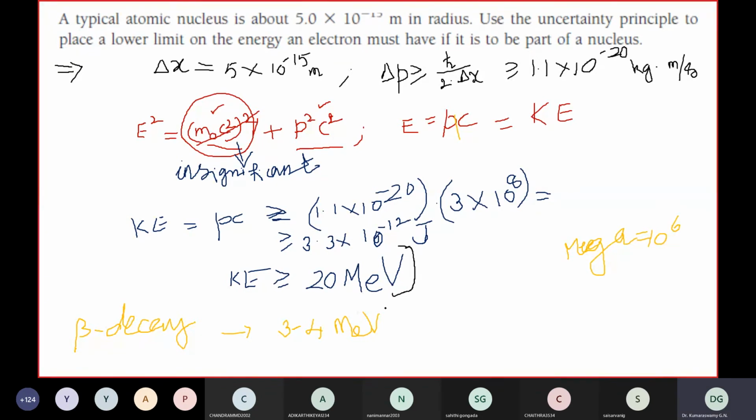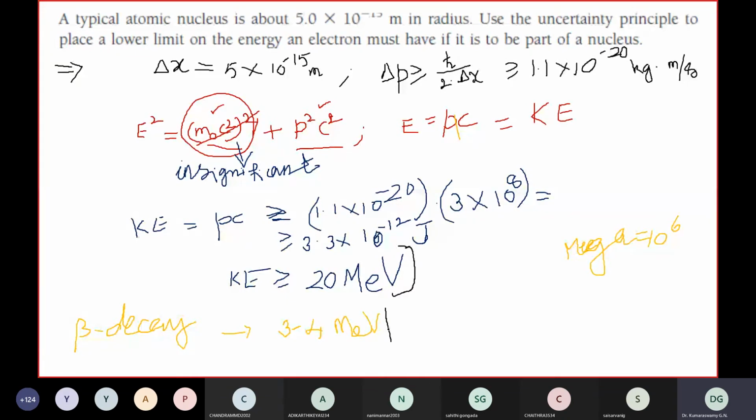That means electrons cannot exist inside the nucleus as independent particles. It might be contained in the proton or neutron, but it cannot exist as an independent particle.